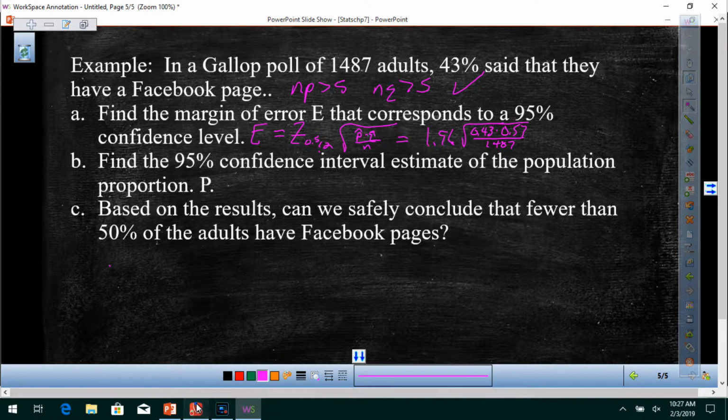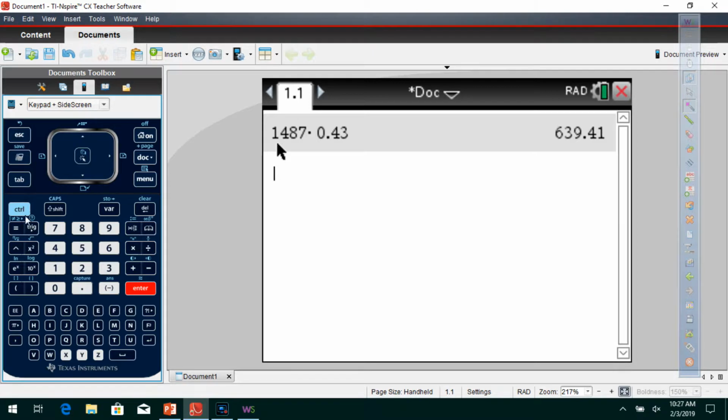All right, I'm going to have to use a calculator.